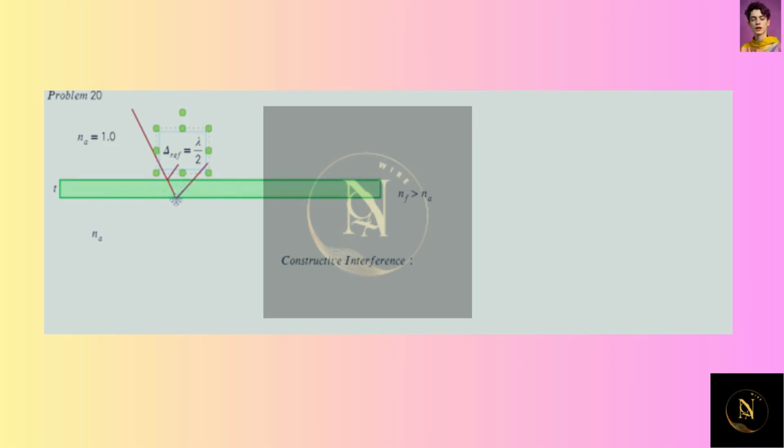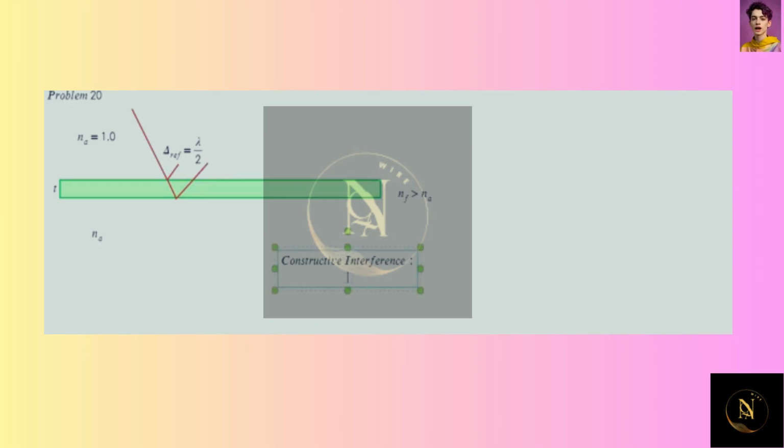When it reflects at this bottom portion, it's going from a higher refractive index to a lower one, so no phase shift takes place. And then as it comes out of the bubble, again it's going from a higher to a lower, so no phase shift takes place.